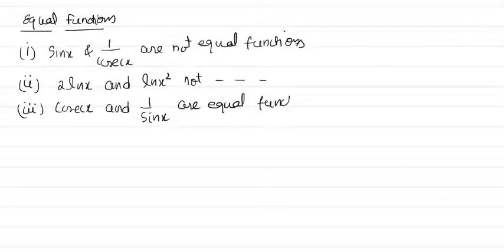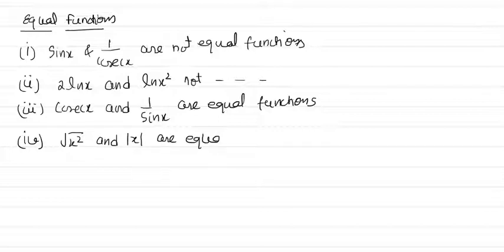Mathematically you have seen the first and third, but if you talk about functions, then cosec x and 1 by sin x are equal functions. And fourth, under root x square and mod x are equal functions. So some are equal functions, some are not.